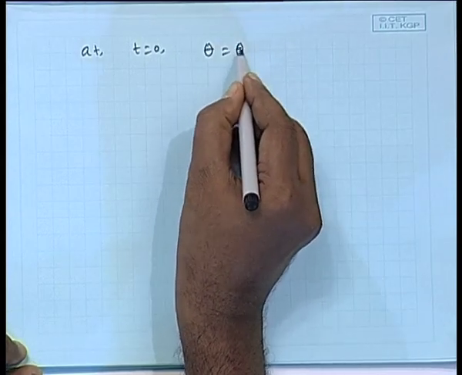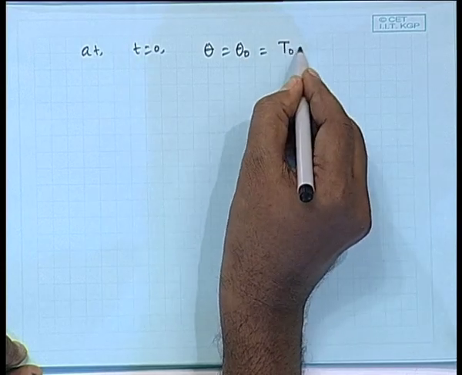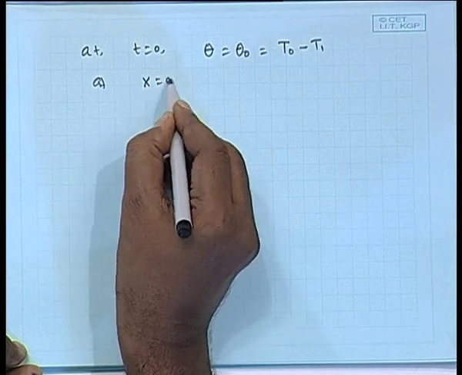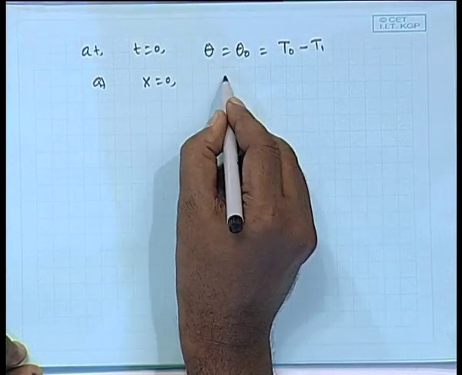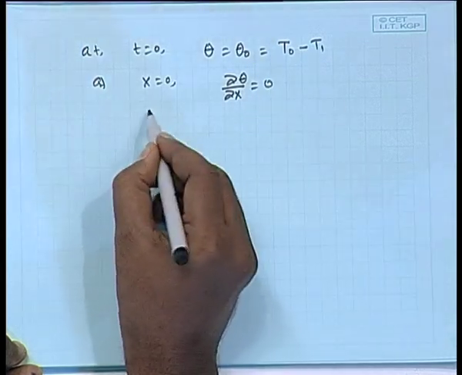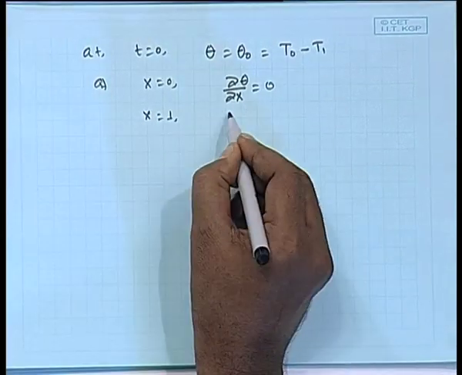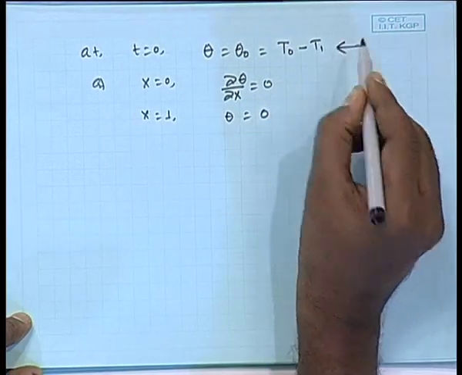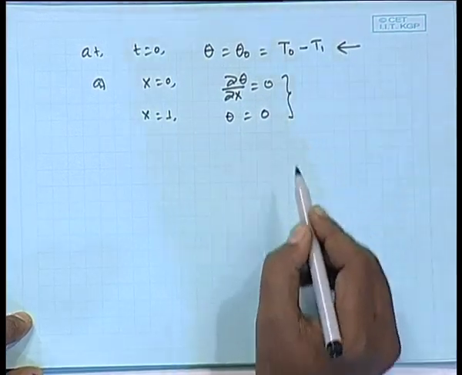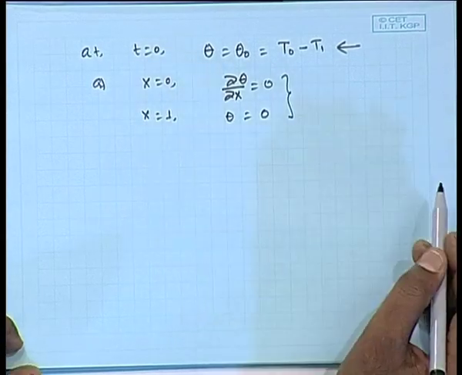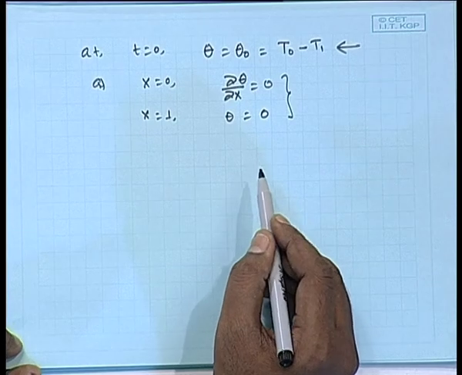Theta is equal to theta naught, that is nothing but T0 minus T1. At x equal to 0, del theta del x is equal to 0. At x equal to 1, your theta is equal to 0. So, you will be having a non-zero initial condition and homogeneous boundary conditions. So, by standard separation of variables, you can proceed to solve this problem.